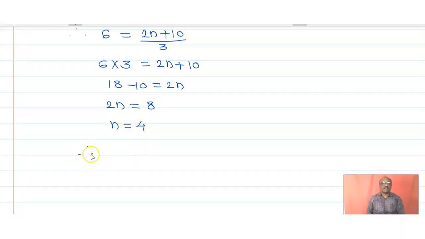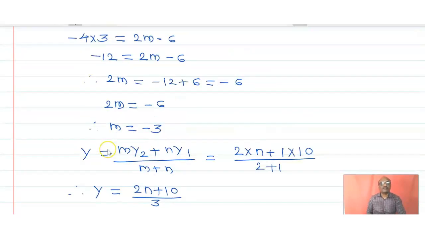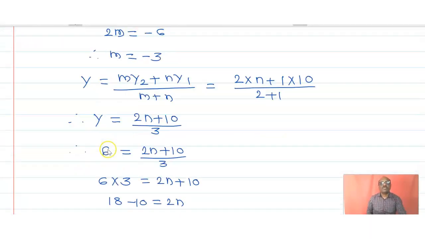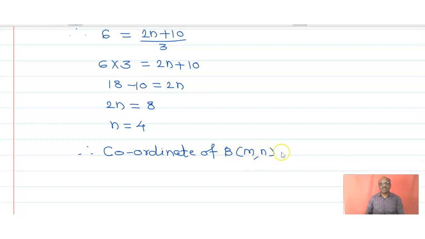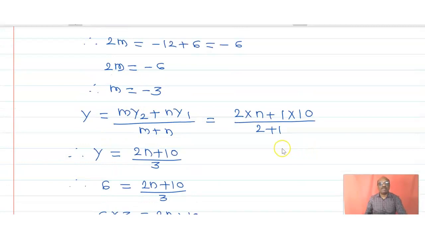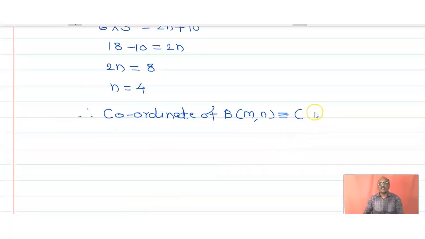Okay, and therefore the coordinates of B, which is (m, n), the value of m is minus 3 and n is 4. Okay, this is the answer.